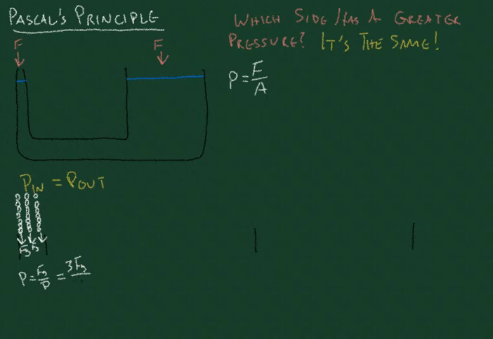But then it's going to be divided by 3 times the diameter, because I have 3 rows of atoms. So it's still the same pressure. And so now you can easily see that if I come over here, and even if I have a whole bunch of columns of air, it doesn't really matter, because I'm just going to divide by the number of columns anyway. So we see that on both sides we actually do have the same pressure.